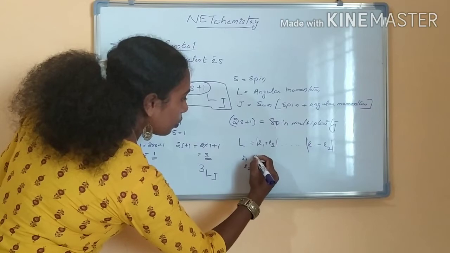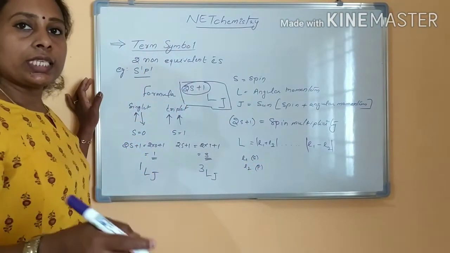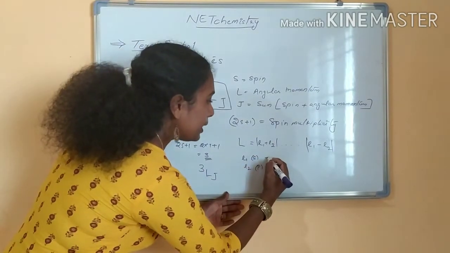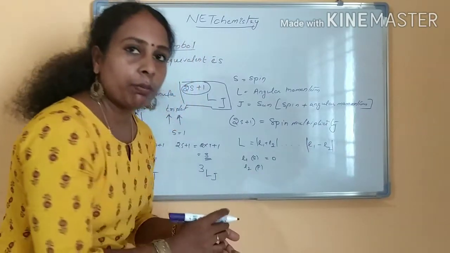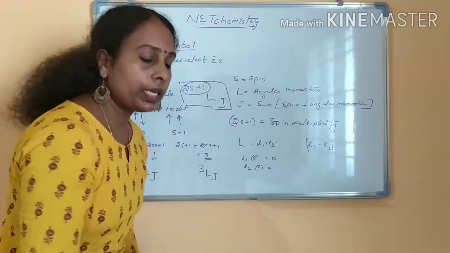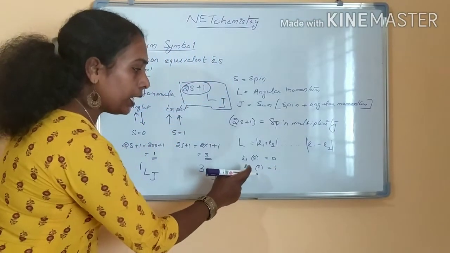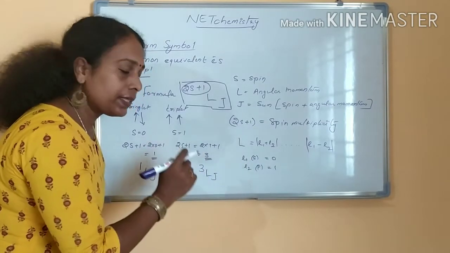One is s orbital and one is p orbital, right? One electron is in the s orbital and the other electron is in the p orbital. So for s, L1 equal to 0, you know, right? Angular momentum of s orbital is 0 and p orbital is 1. For p orbital, small l is equal to 1 and for s orbital it is 0.